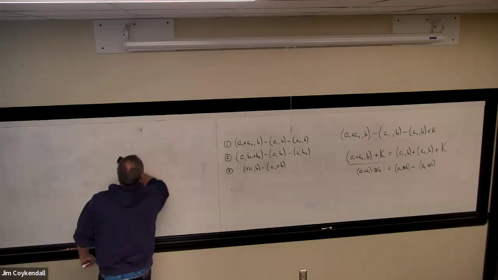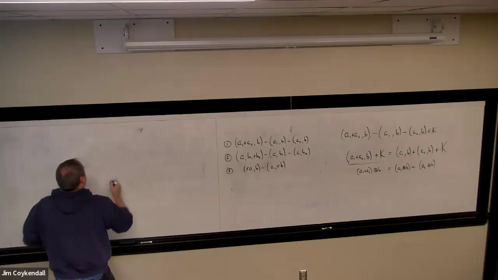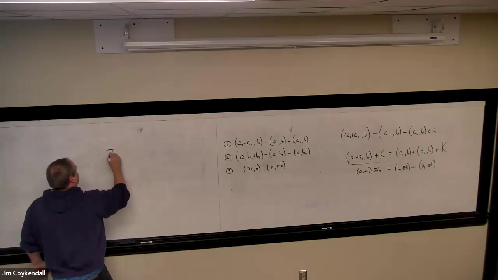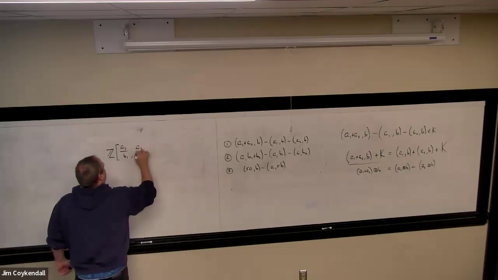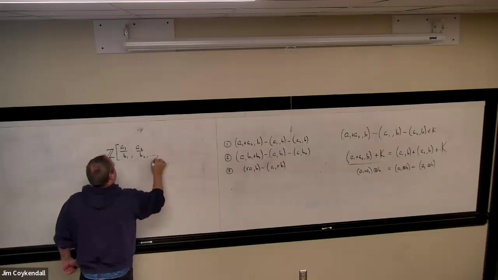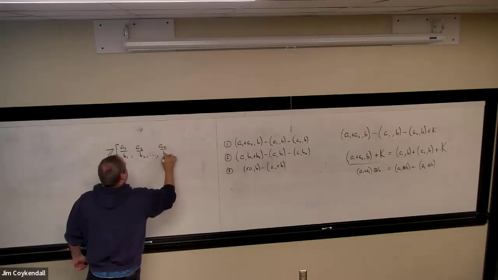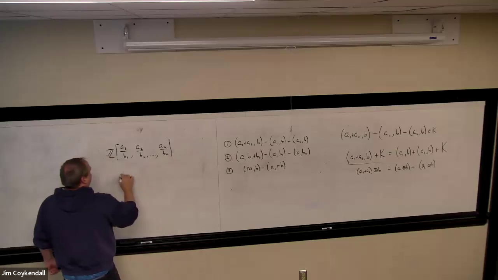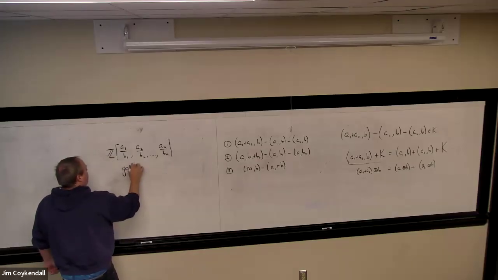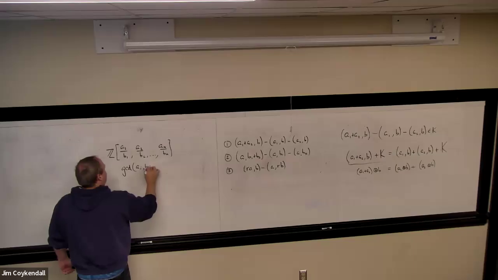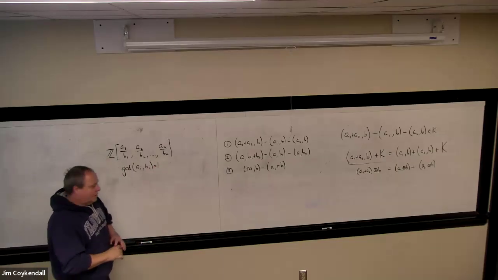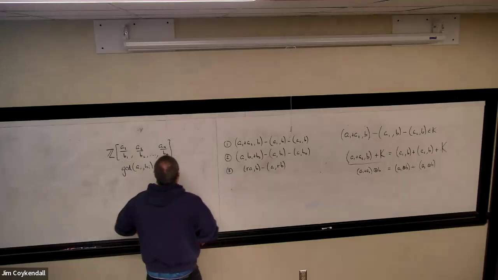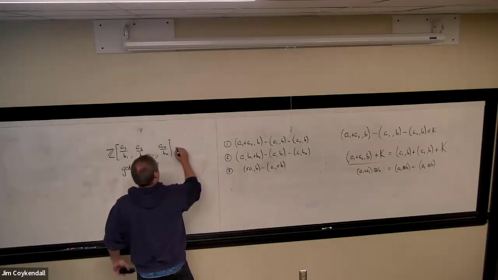Suppose you take Z, and adjoin A1 over B1, A2 over B2, up to AN over BN. And I will assume, just for ease, that the GCD of AI and BI is equal to 1, so my fractions are all reduced. Right? Can this be Q?